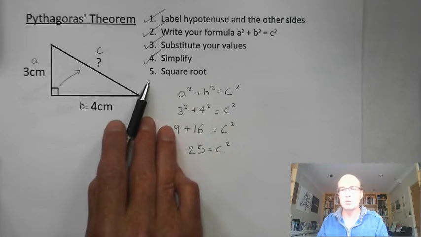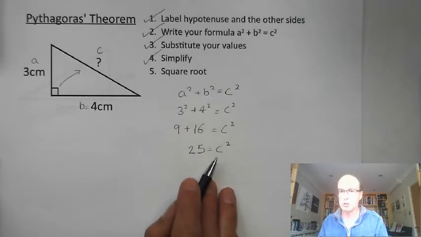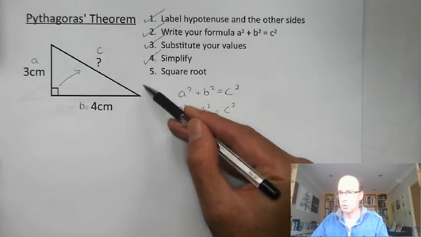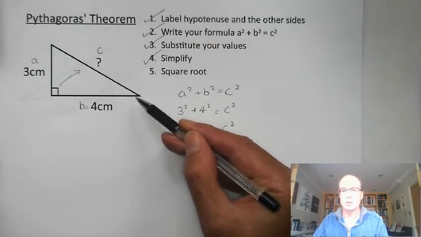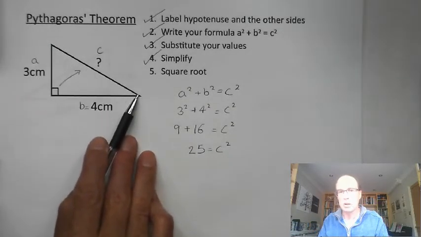We need to remember this really important last step. So far we've worked out C squared, so just like we've done the last couple of lessons, that's the area of the square that's sitting on top of the hypotenuse. But I don't want that area, I just want the length of the hypotenuse itself.